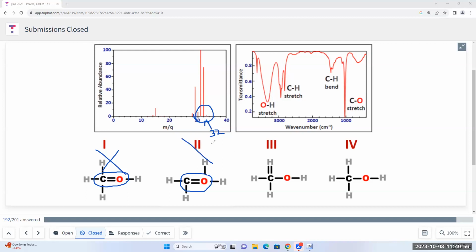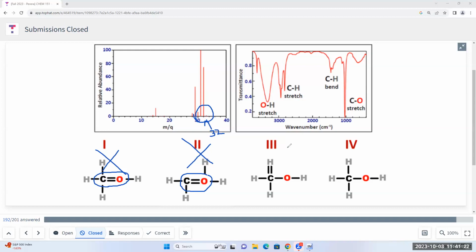Therefore, this is out. And then option 3, what can you tell me about option 3? Is it correct? What's wrong with option 3? Thank you. C double bond H, right? C double bond H is not there in the IR spectrum. In fact, you can never have hydrogen with more than one bond, at least for our class.